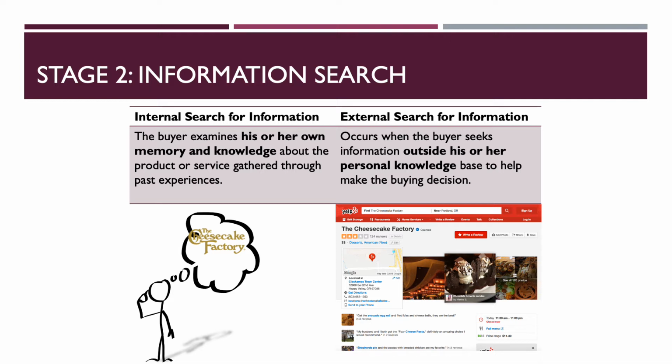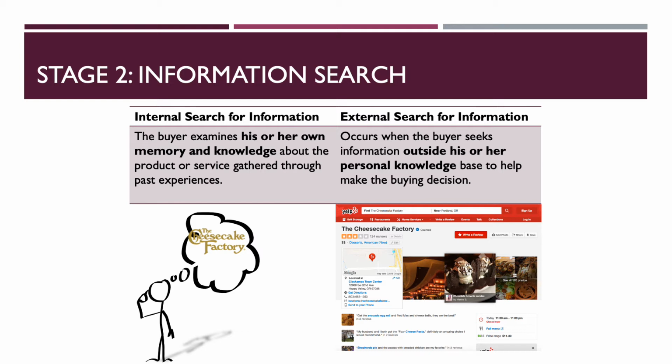In an external search for information, the buyer seeks information outside his or her personal knowledge base to help make the buying decision. Consumers might fill in their personal knowledge gaps by talking with friends, family, or a salesperson.